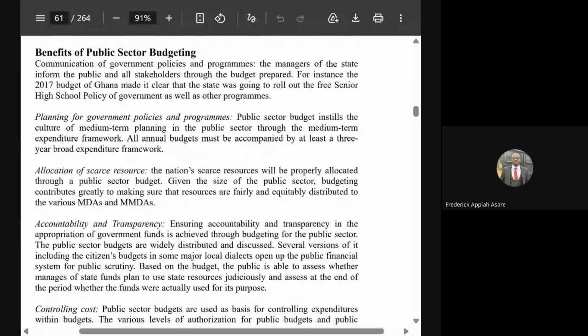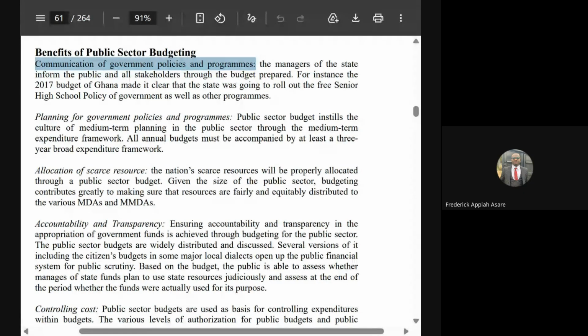Now let's look at some of the benefits of public sector budgeting. It's only through budgets that they usually communicate government policies and programs. When the Honorable Minister went to Parliament to read the budget, that was when we saw some of the policies the government has put in place.